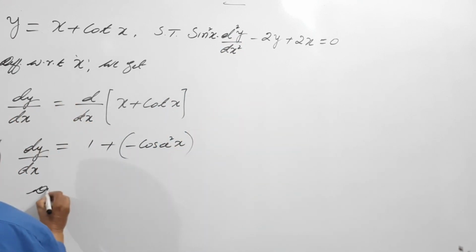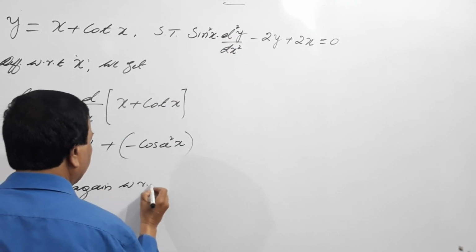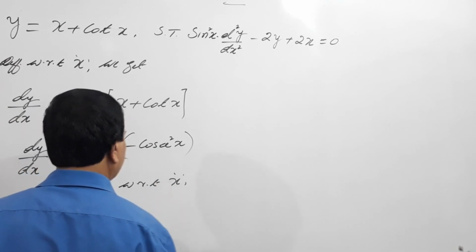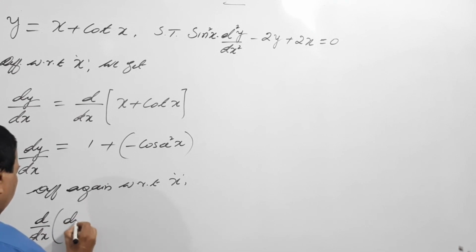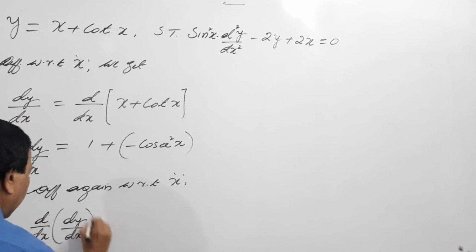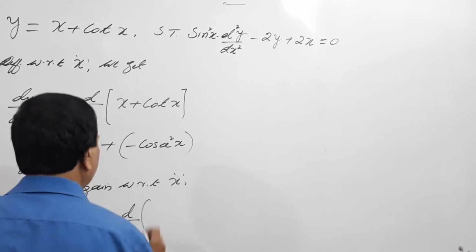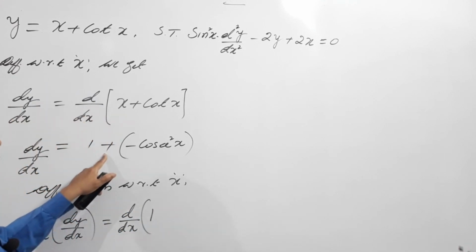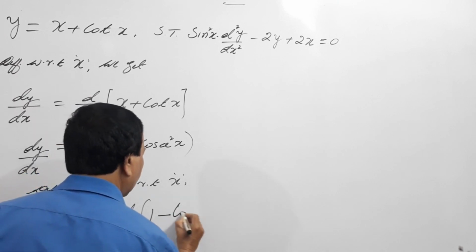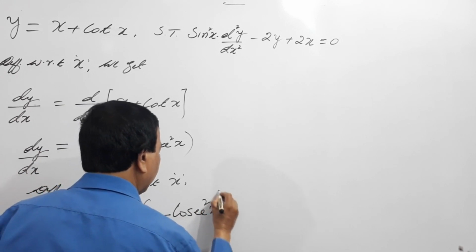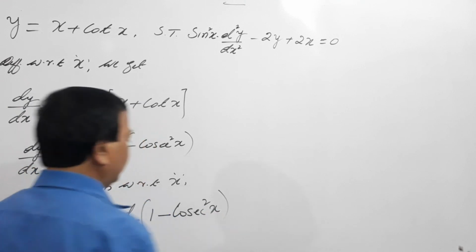So differentiating again with respect to x, d by dx of dy by dx equals d by dx of 1 plus into minus, minus cosecant square x.